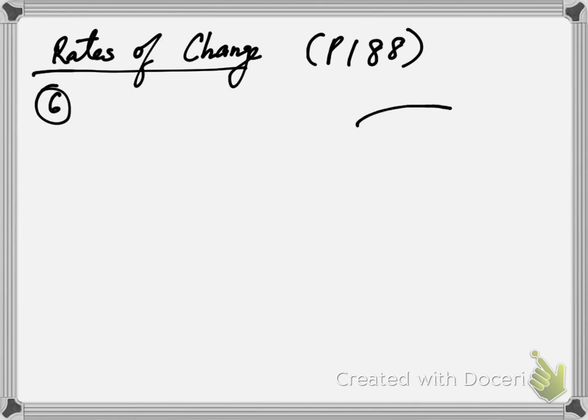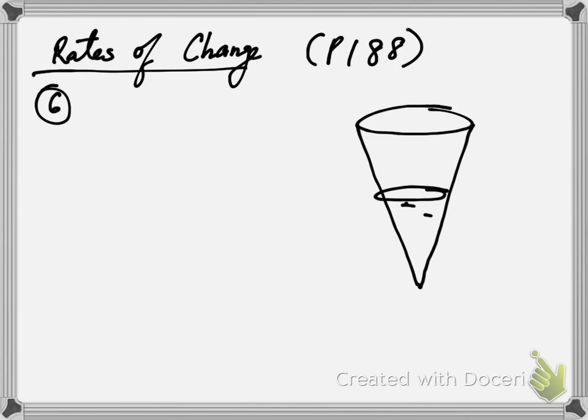So I want to visualize it. It's a cone, kind of like water is filling in a cone. Okay, so there's water filling here, and the diameter of the top of the cone is 6 meters, and the height of the cone is 8 meters. That's that height.